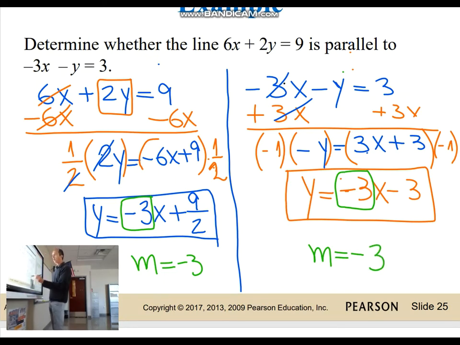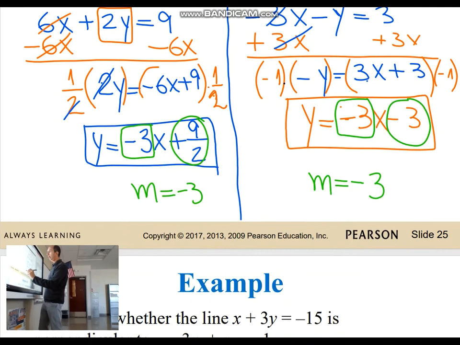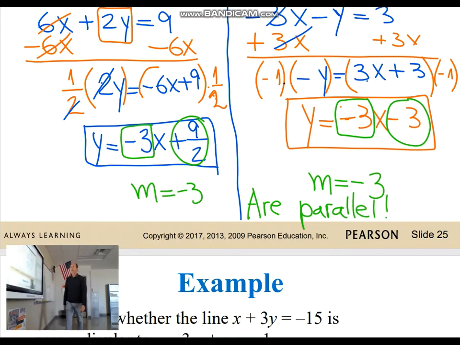They have the same slope, they have different y-intercepts. That means, yes, the lines are parallel. Right? The lines are parallel.